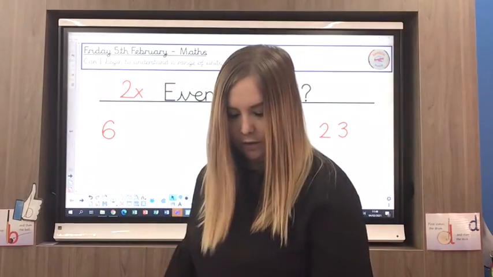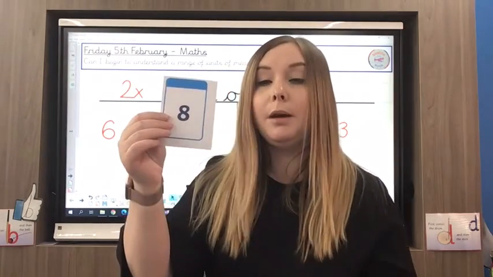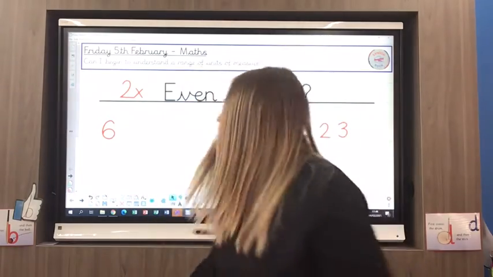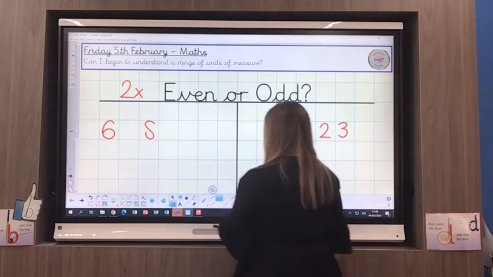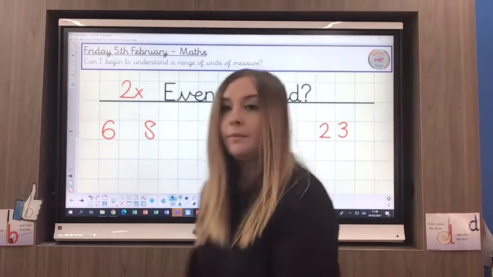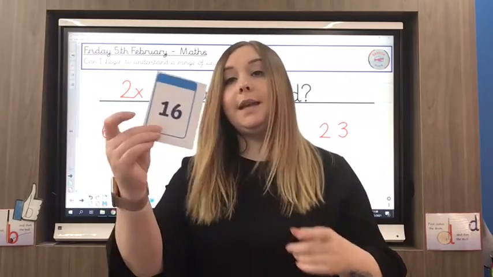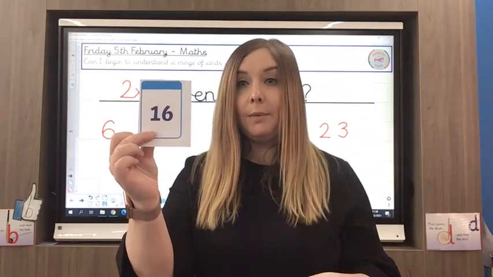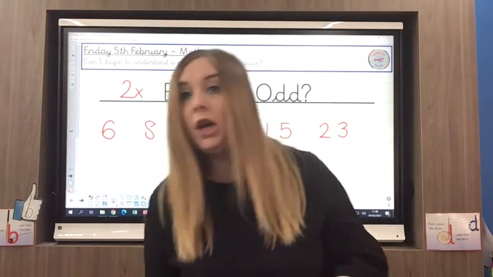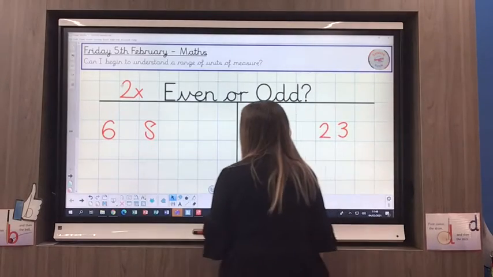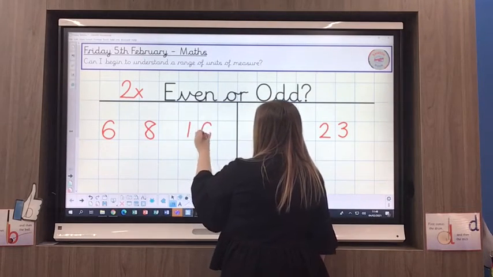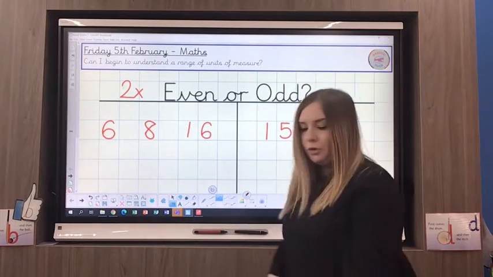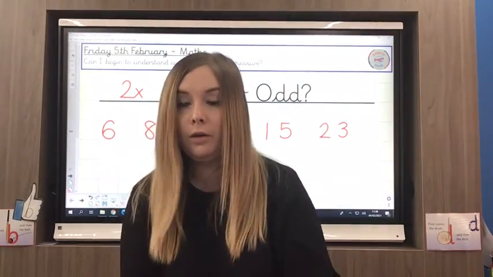Then we've got this number, the number 8. Is it in our 2s? It is, so it must be even. Is that one in our 2s, Year 4? It certainly is, well done. We'll do 2 more, I think.